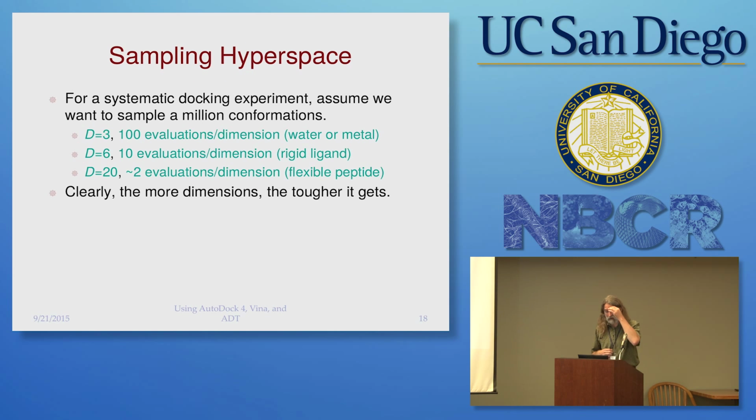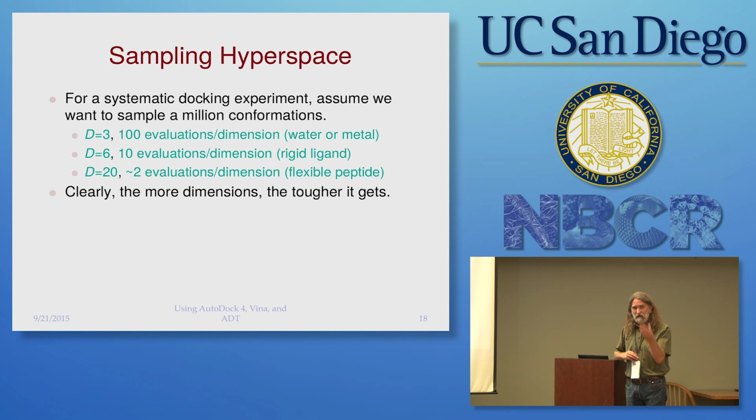So if we do a quick little thought experiment, say we're just docking a water or metal ion and give ourselves 1 million energy evaluations. We want to do a simulation where we calculate an energy 1 million times. If we're just docking a water molecule, we can test 100 in each of those, 100 in X, 100 in Y, 100 in Z. That's pretty much an exhaustive search, and we're going to find the right answer, right?